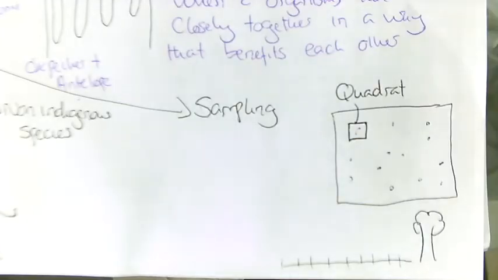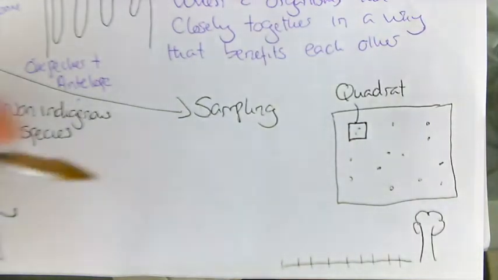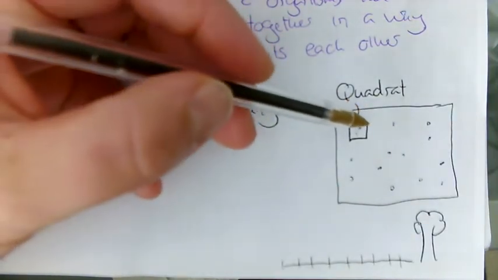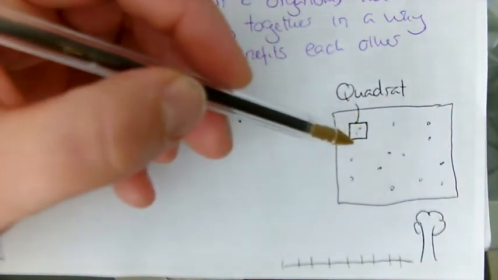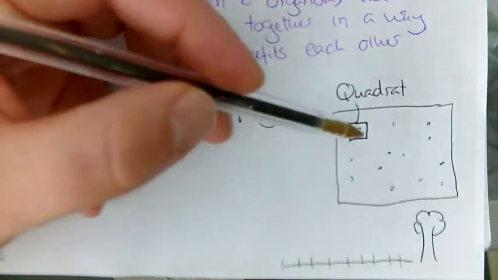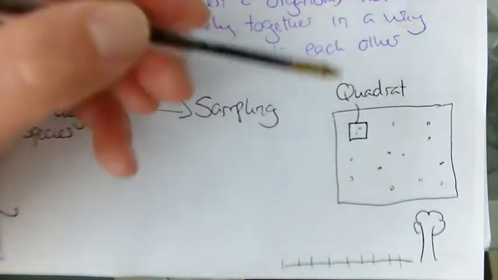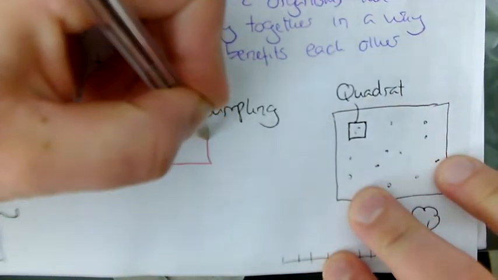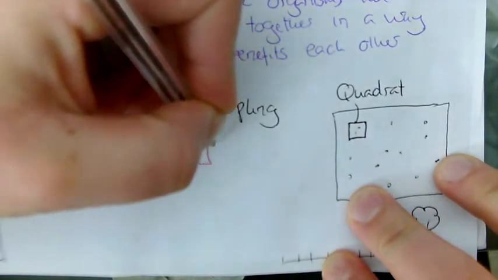Sampling can be done using a quadrat, and you can place your quadrat randomly in an area and work out the average population of a species. That's where you go out and you throw your quadrat over your head. It's a metre by a metre, so 1 metre squared.